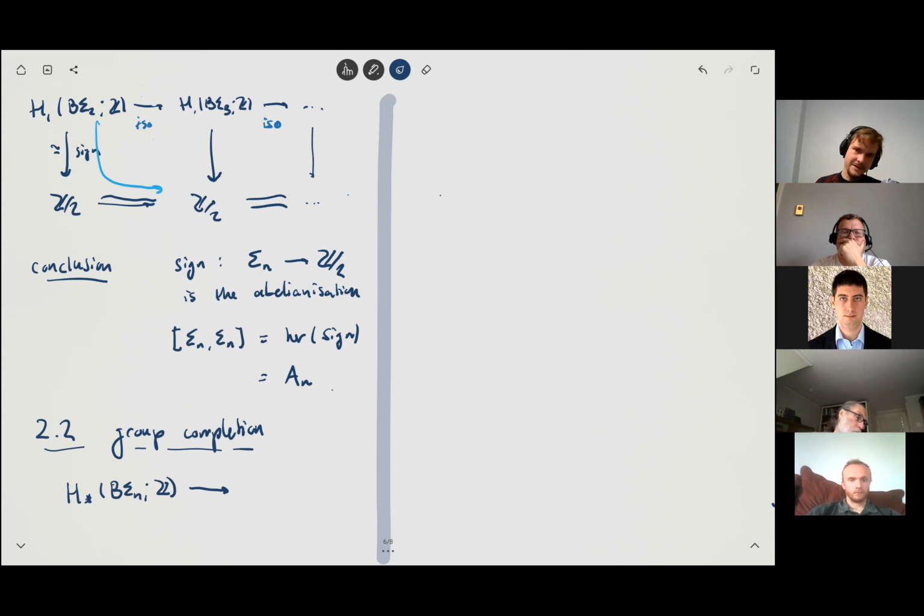So a map that always exists is the map from the homology of the n-th symmetric group to the colimit over the stabilization maps. Let's call this the stable homology.